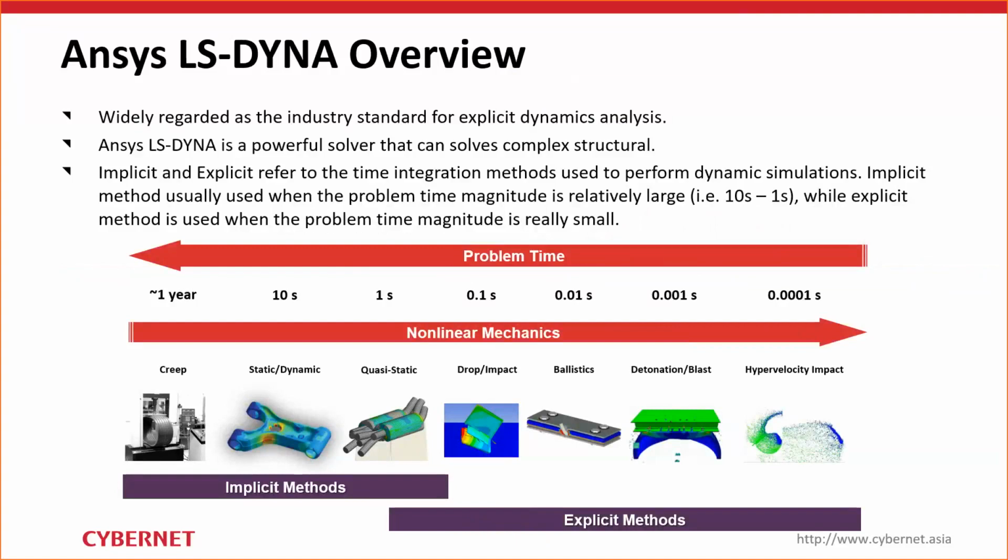LS-DYNA is a general purpose finite element code for simulating the response of material to short periods of severe loading. It is the most commonly used explicit program for solving highly nonlinear, transient dynamics problems using explicit time integration. I said explicit a couple of times now.